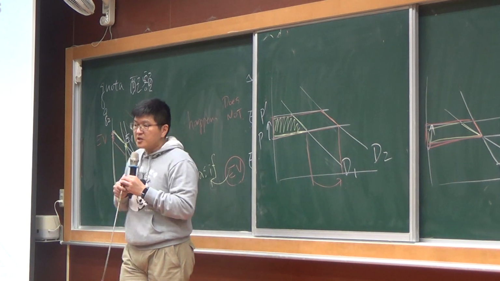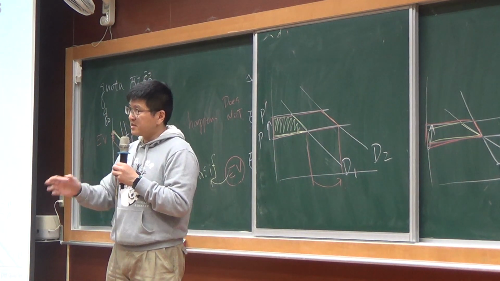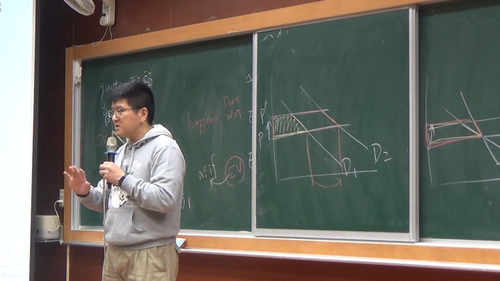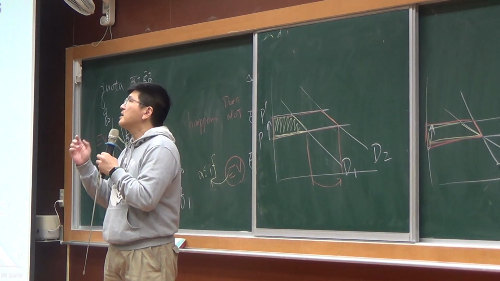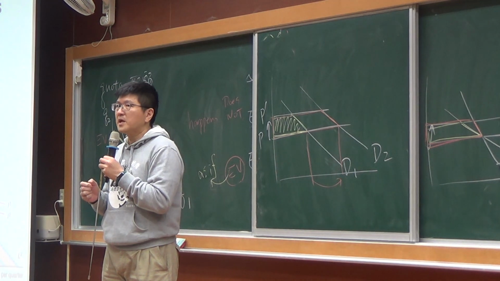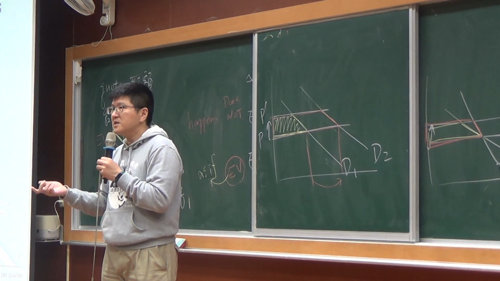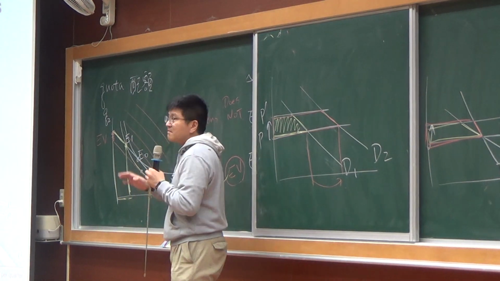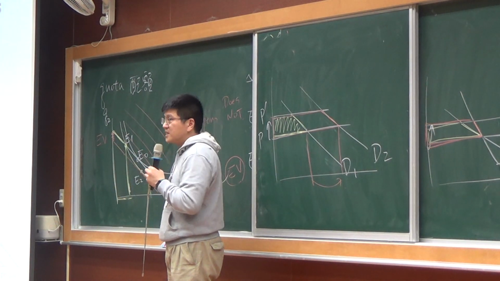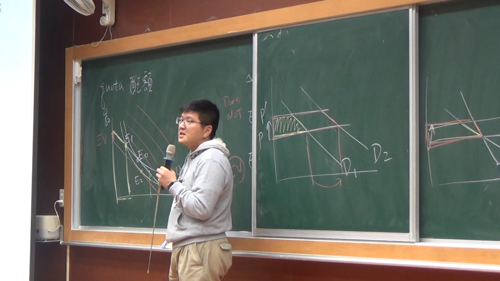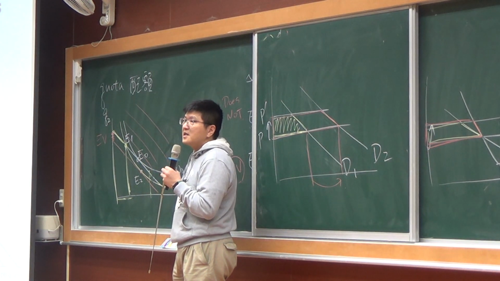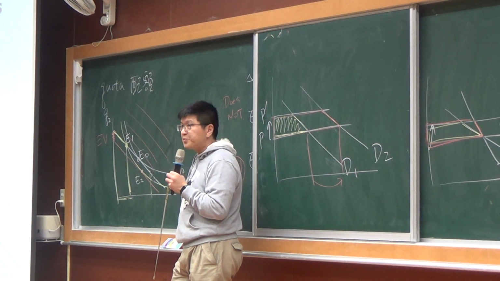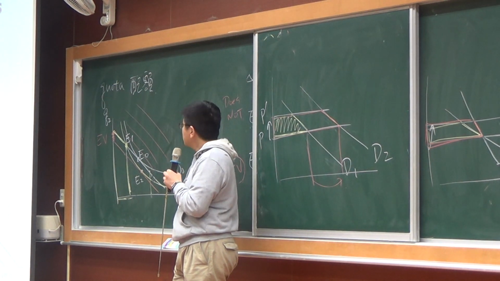But I may negotiate with the government that, okay, would you please not implement the quota limit policy? I give you some money, I want to buy you off, I want to bribe you, so that you don't implement it. And the maximum amount I'm willing to pay to bribe you would be EV.